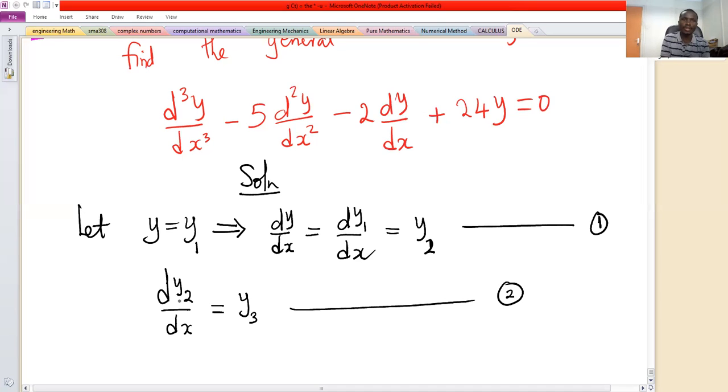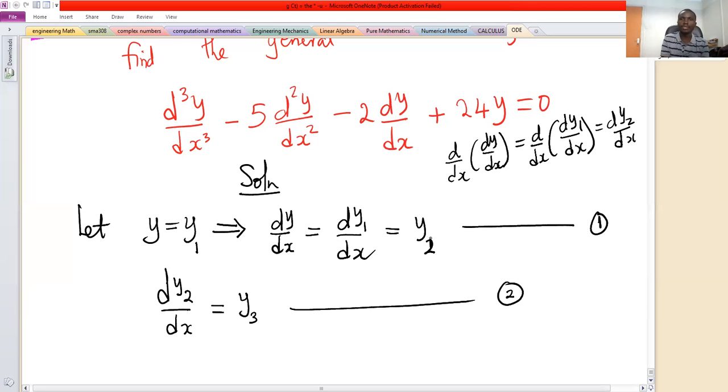Remember, dy2 dx is obtained by differentiating this equation again, so we have d dx of dy dx, which is the same as d dx of dy1 dx, which is the same as dy2 dx, just differentiating both sides of this equation.